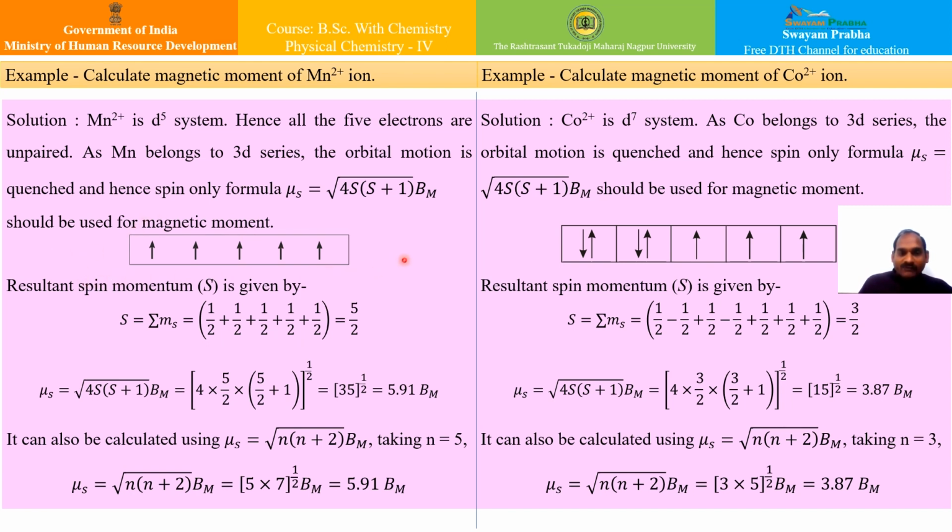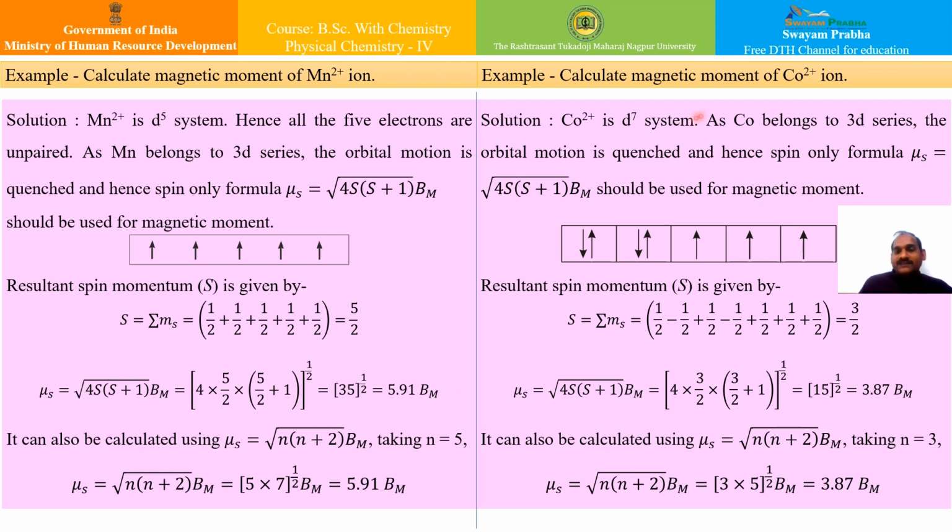Now we have all 5 electrons unpaired, and therefore the resultant spin will be 5 by 2. If I use this formula, I can substitute this value and I get the answer 5.91 Bohr magneton. It can be calculated by using this formula as well. I can substitute n is equal to 5, and again the same result is obtained.